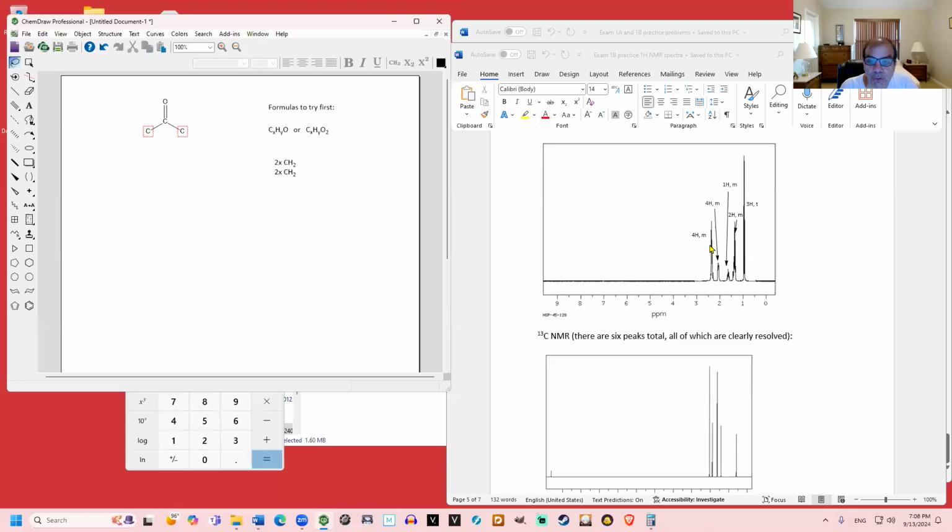There's one type of 2CH2s in this resonance and one type of 2CH2s in this resonance. We also can tell that there's yet another CH2 over here and a CH3 over here.